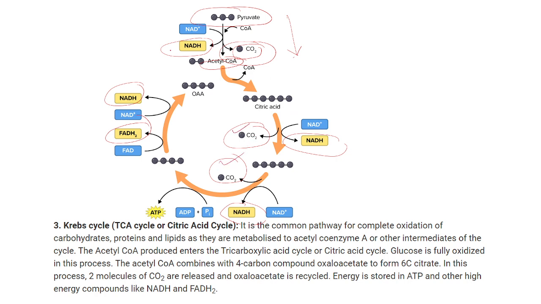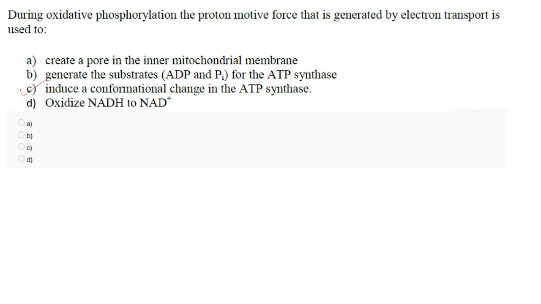And then it generates 4 NADH, 1 FADH2, and 1 ATP, right? So option C is correct.